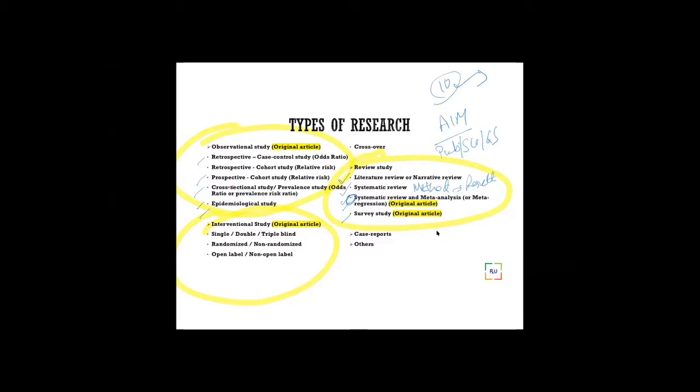Other than that, I do not consider case reports or letters to the editor or perspectives or viewpoints as research, but people still write them. It is everyone's personal view, but I will definitely show you, if you have a case report, how you can collect other case reports, publish online, and submit here, either in a systematic study or literature review, or even analyze and put it in a meta-analysis.